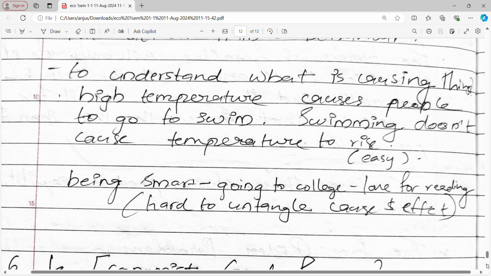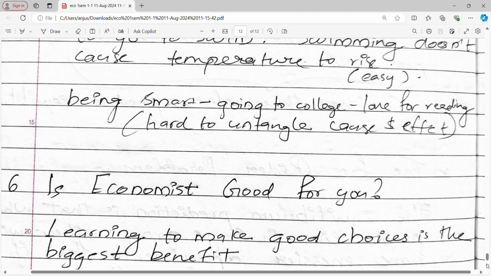So the cause and effect of a decision are hard to untangle. With empiricism, with data, they test why people choose to go to college instead of part-time jobs or any jobs, and which degree in college people who love reading, like a reading club, attend. They test with the data available.